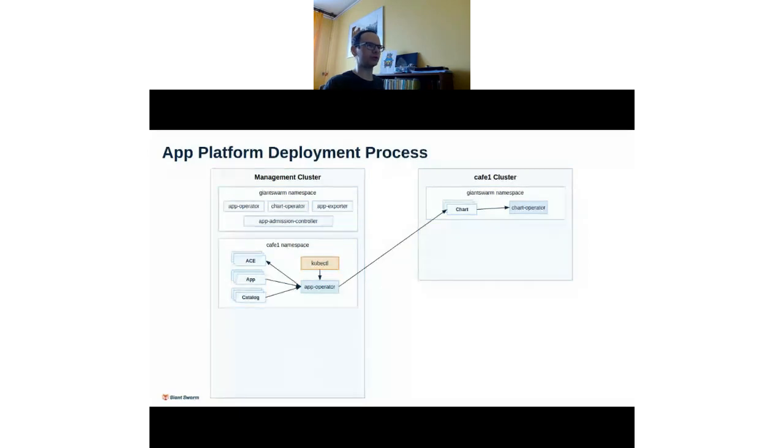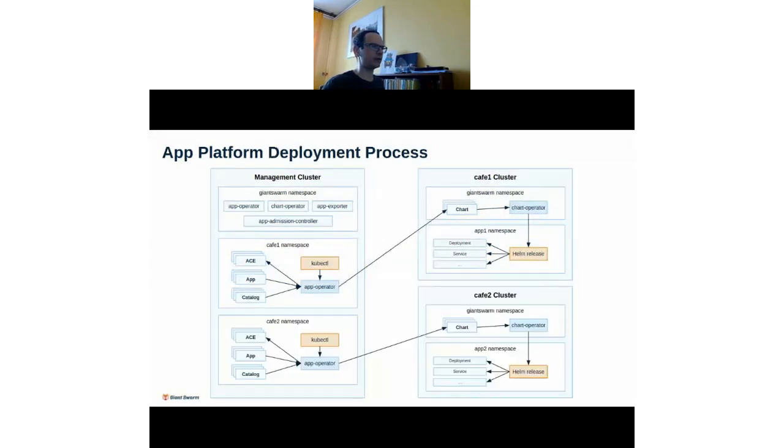This operator, in turn, uses Helm. So like I said, we are always Helm compatible. So it uses Helm to create a Helm release. And Helm release is now given the chart, full configuration after all the templating, 3-layer merge, and so on, and deploys everything what you have included in your app, like your deployments, your services, and so on.